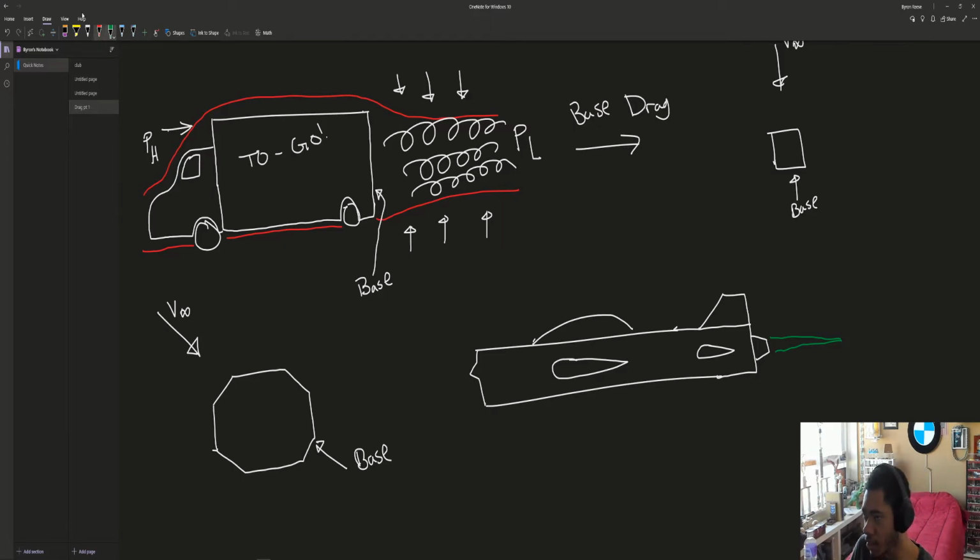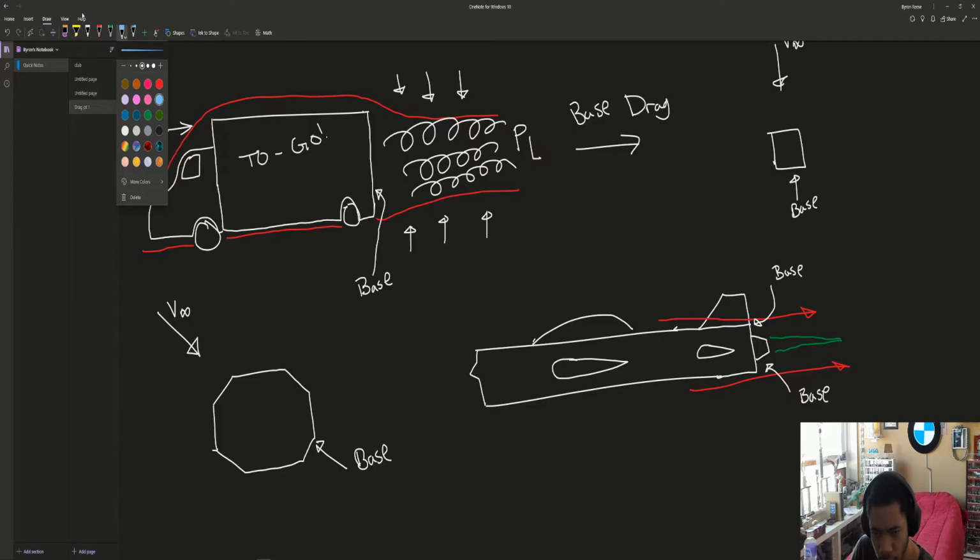And so what we find, though, is that the flow around the rocket, or around the plane, I should say, is going to separate, because we actually have a base right here, and a base right here. I'm pointing specifically at this face right here and right here.